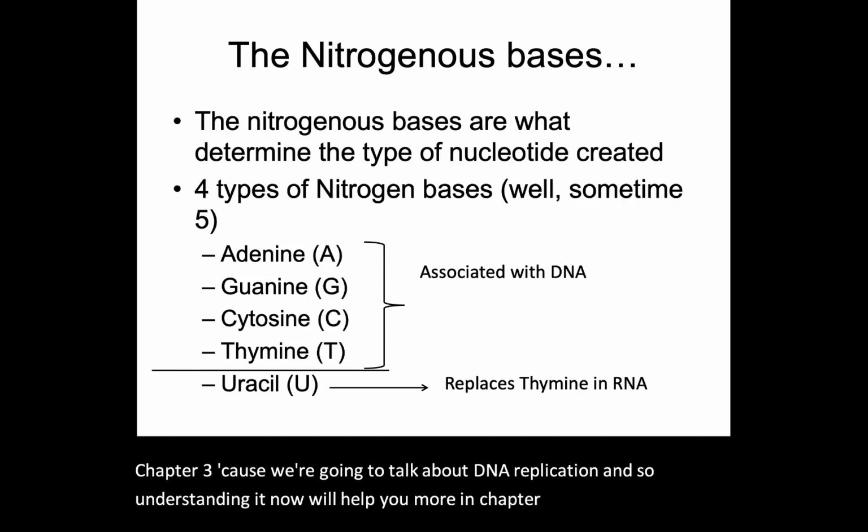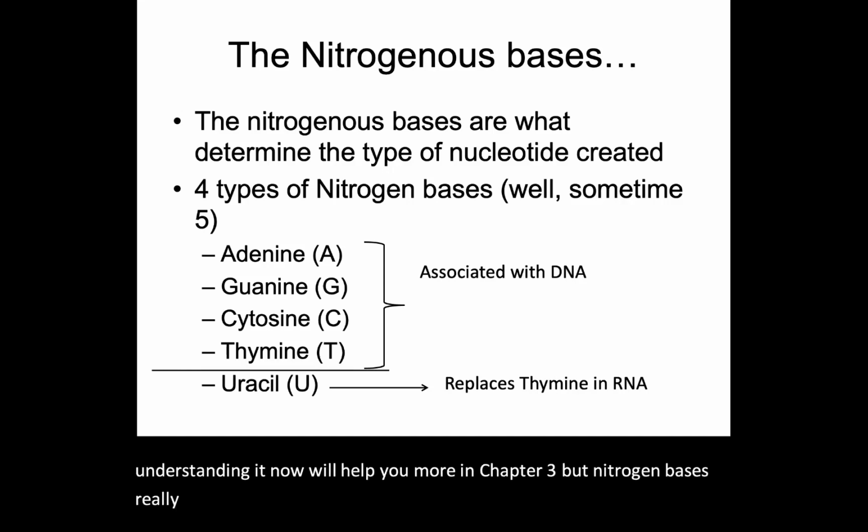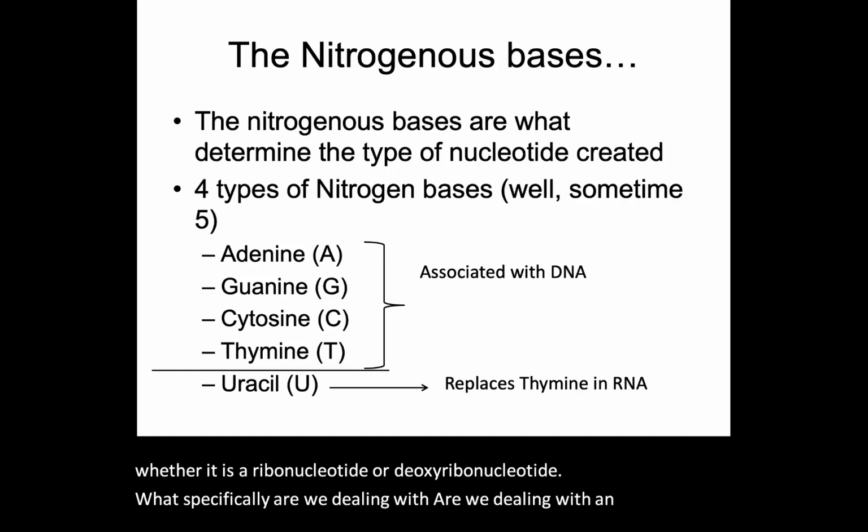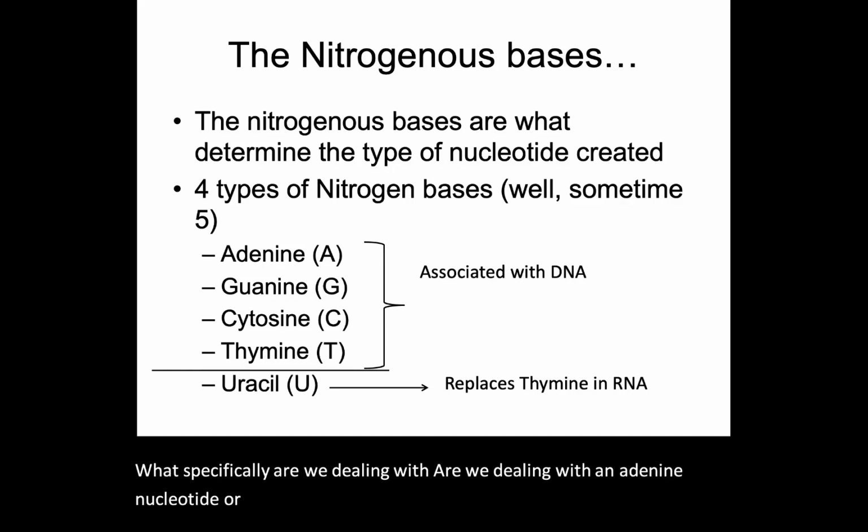Nitrogen bases really determine the type of nucleotide that is created. Once we know whether it is a ribonucleotide or a deoxyribonucleotide, what specifically are we dealing with? Are we dealing with an adenine nucleotide or a thymine nucleotide? What determines that are the nitrogen bases.